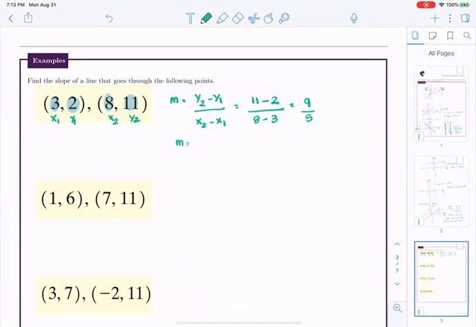So the slope is 9 over 5, and the line here is increasing, because the slope is positive.